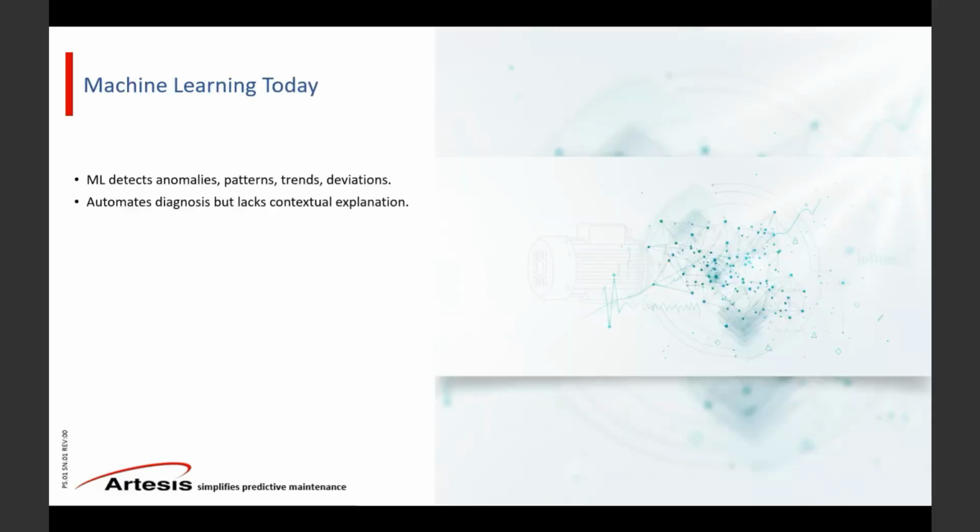So machine learning, which was the first layer, is something we actually have been using in condition monitoring for a long time in our systems. It's worth saying that it does several things extremely well. It can detect anomalies early. It can recognize repeating patterns in signals, and it can track fault progression over weeks or months.